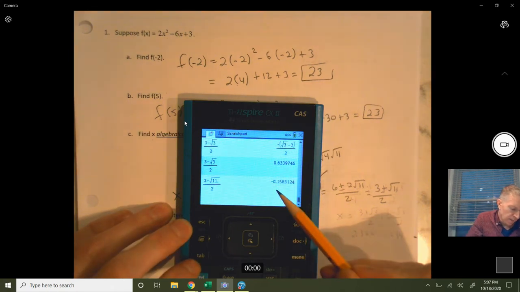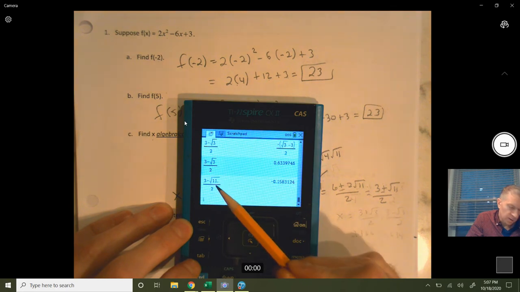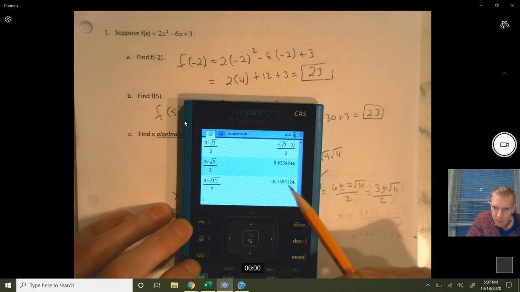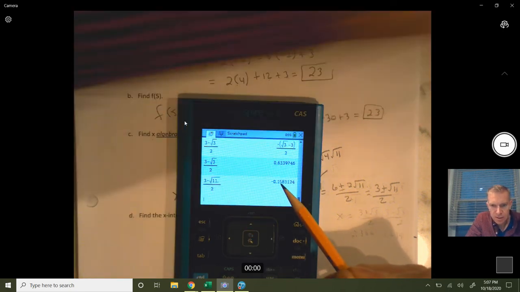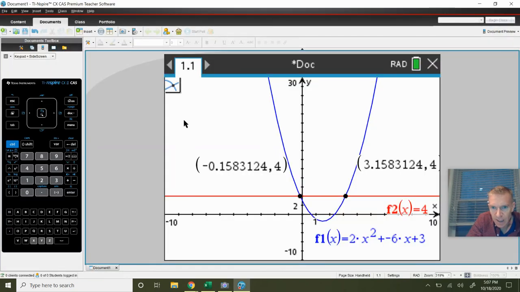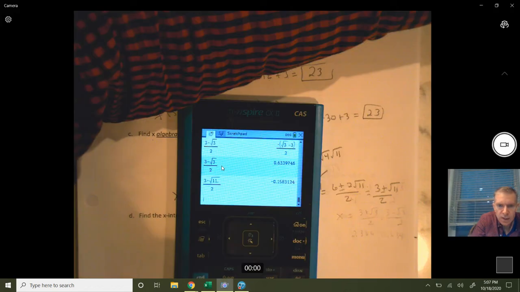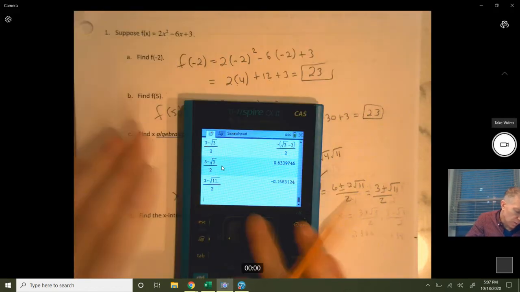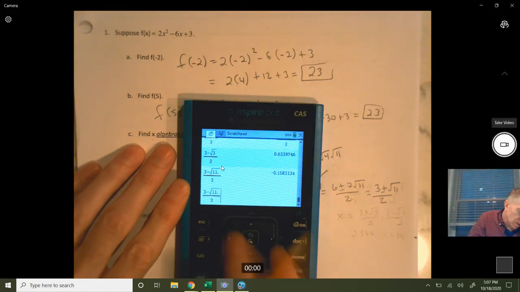Okay. So I put in 11.0, that's the same as 11. But since I put a decimal in there, it gives me a decimal answer. So negative 0.158, let's just double check that with our graph. And that was this one over here. Okay, now if we go to the other one, we want 3 plus root 11 over 2.